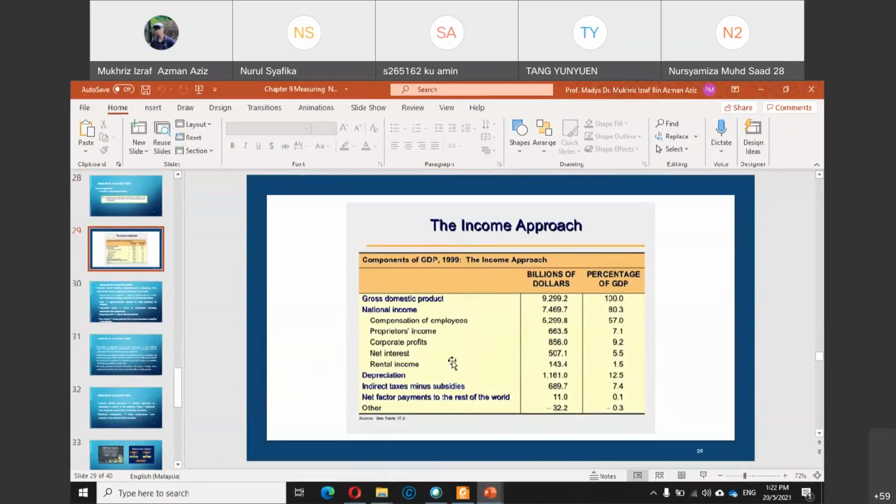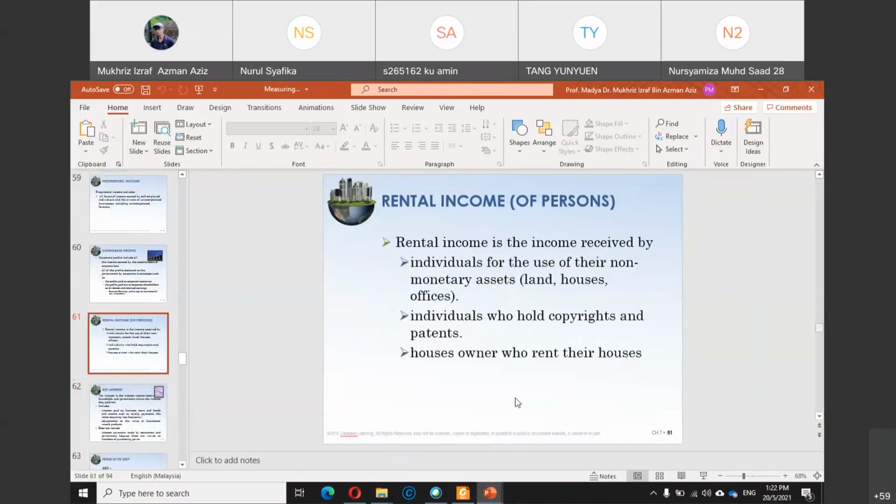What you need to add, as long as you can differentiate, these are the common components under the income approach. Compare that to last Monday's lecture on the expenditure approach and its common components. As long as you can differentiate between the two, that should be fine. That is the main goal of this chapter.